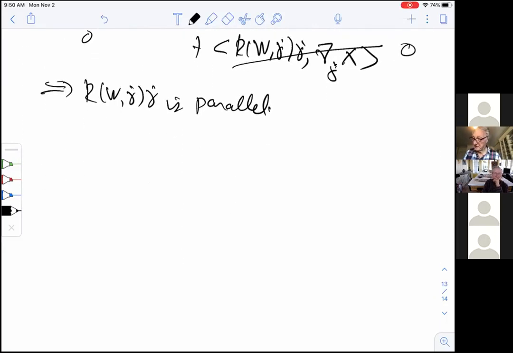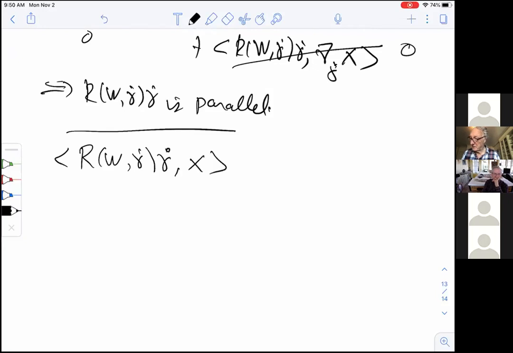We have to consider R(W, gamma dot) gamma dot with X, where W and X are parallel along gamma. Okay. Well, so what is the curvature operator?